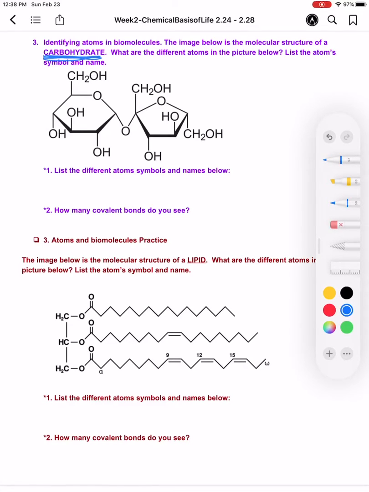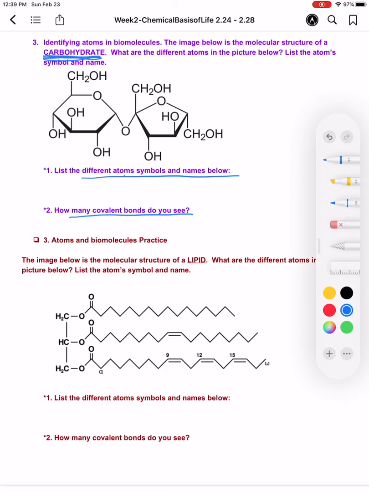And then you're going to identify the different atoms and symbols, and then you're going to tell me how many covalent bonds there are. So this kind of looks a little foreign, I know. This is actually 2 glucose molecules bonded together. Glucose is a sugar. So remember, carbohydrates are sugar. These are 2 sugar molecules bonded.